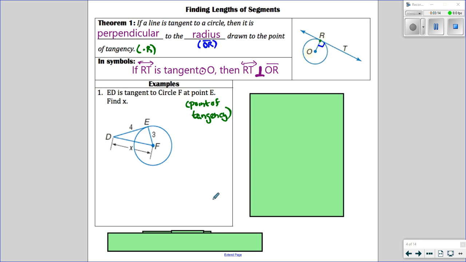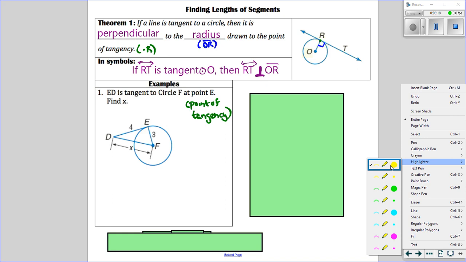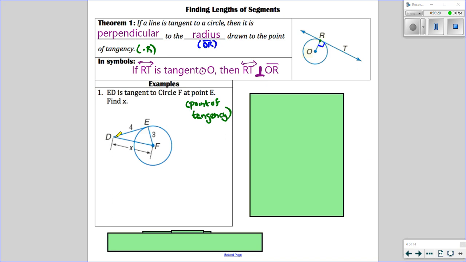And they want us to find x. Our x, which I will highlight in yellow, is DF. That's what we're looking for.